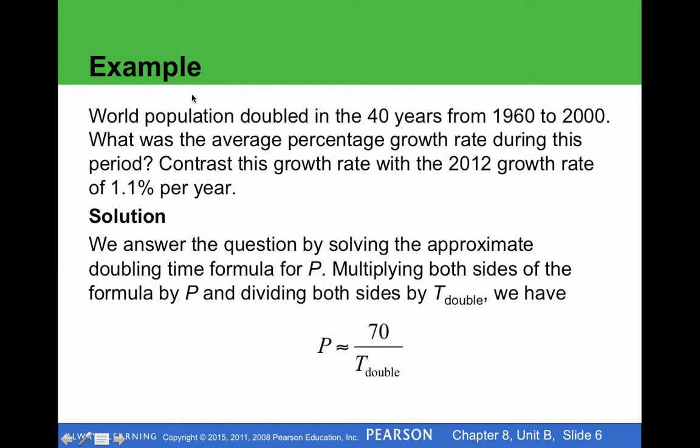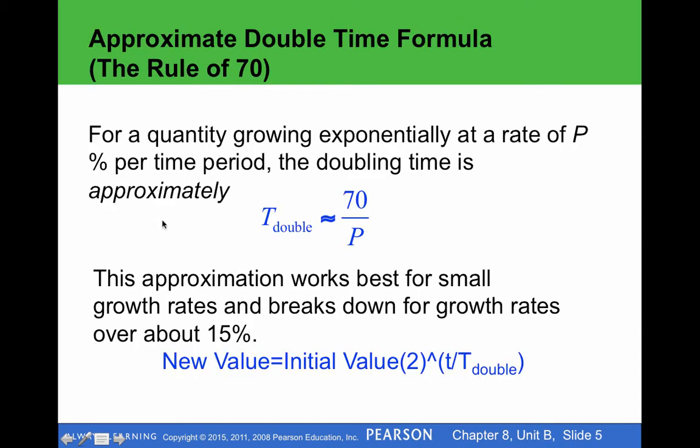World population doubled in the 40 years from 1960 to 2000. What was the average growth or average percentage growth rate during this period? So now we're given a doubling time, and we want to figure out the growth rate. So if we go back to our formula, the rule of 70 says the time to double is 70 divided by p. We're given that this is 40, and we need to solve for the percent. There's a little algebraic trick when you're solving for this.